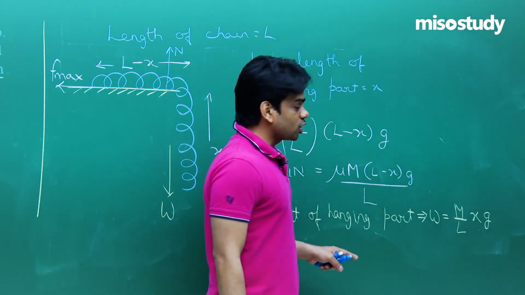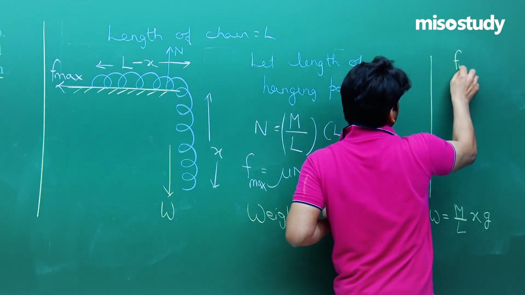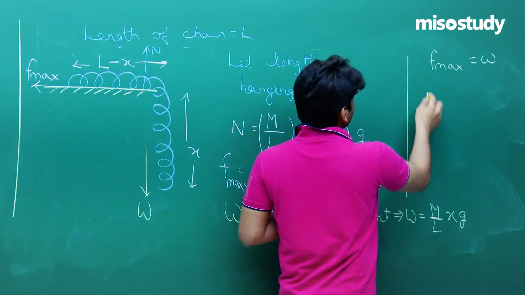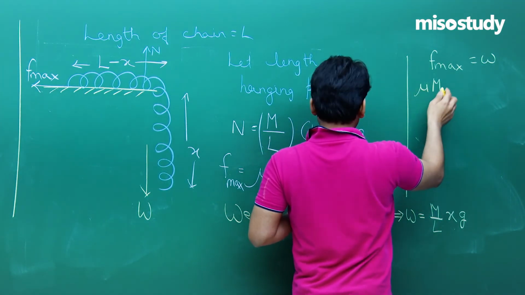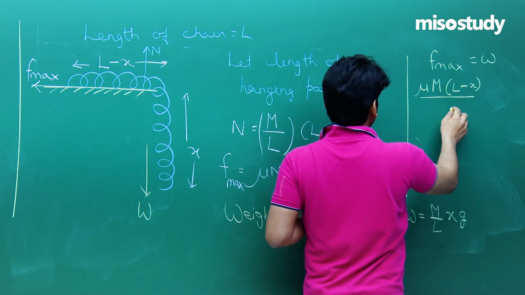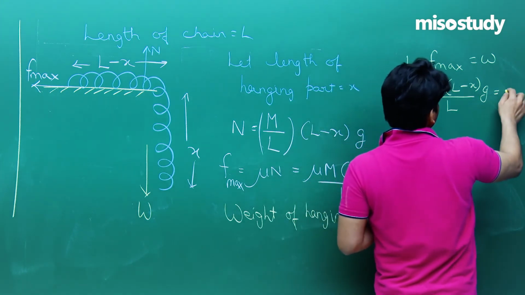So this weight has to be balanced by the maximum friction force. So now F max is equal to W. So mu into m multiplied with (L minus x) divided by L and g here, and here you will be getting (m by L) x g.